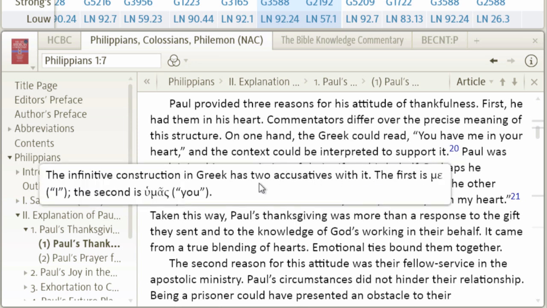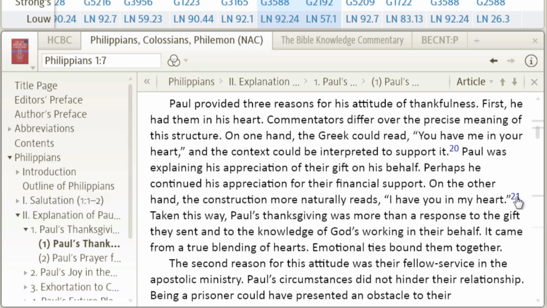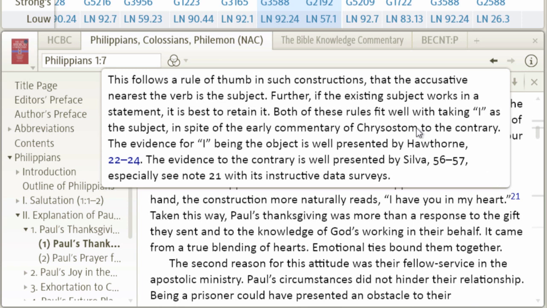And here this footnote tells us what I described to you earlier, that here we have an infinitive construction in Greek with those two accusatives, me, which is translated I in the ESV, and humas, which is translated you in the ESV as well. And the next footnote describes the grammatical rule for determining which one is the subject and which one is the object.